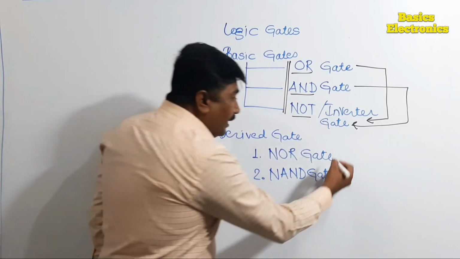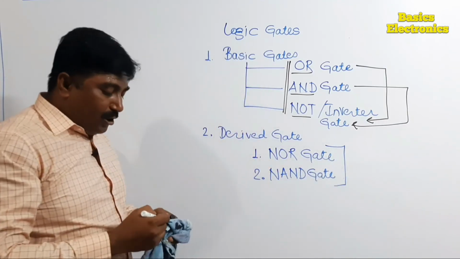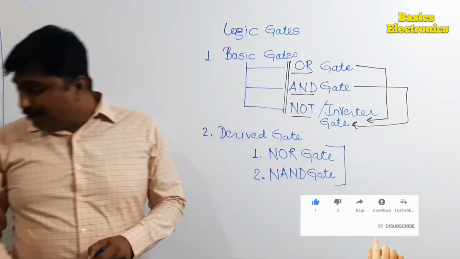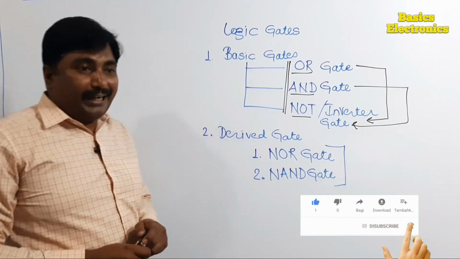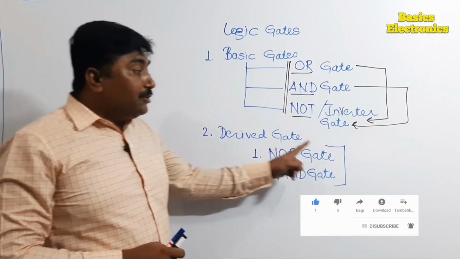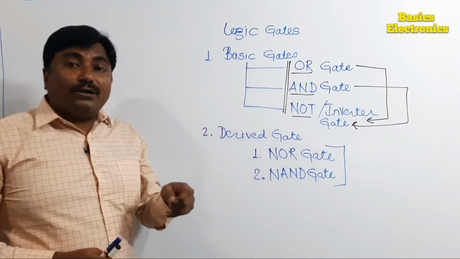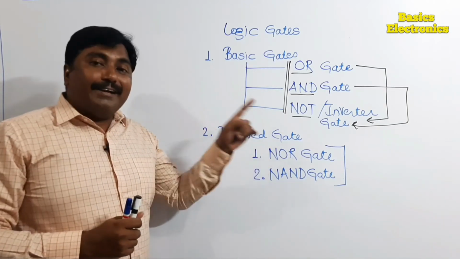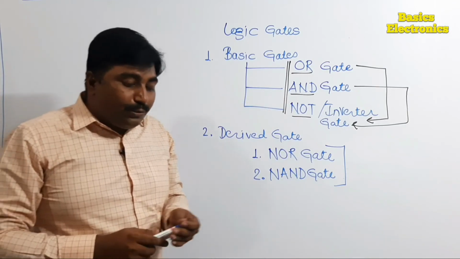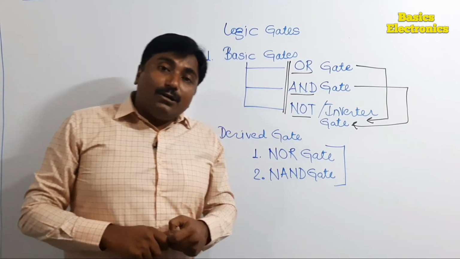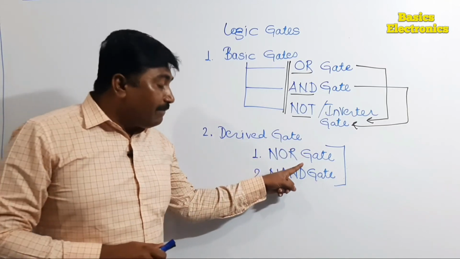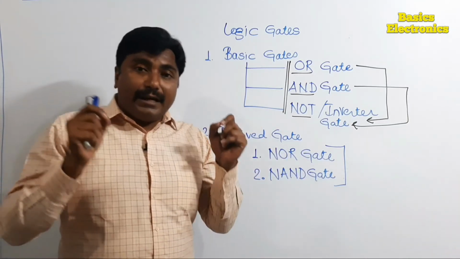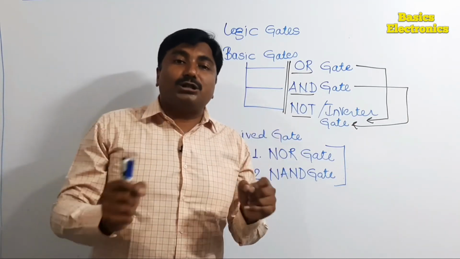These two gates, the NAND gate and the NOR gate, we call the universal building block or universal logic gate. The NAND gate and NOR gate are called universal building blocks, universal logic gates, because by using only the NOR gate or only the NAND gate, we can construct any type of logic circuit.